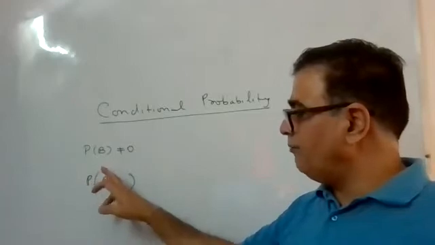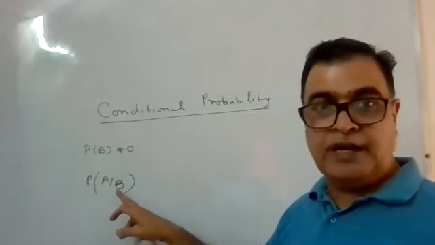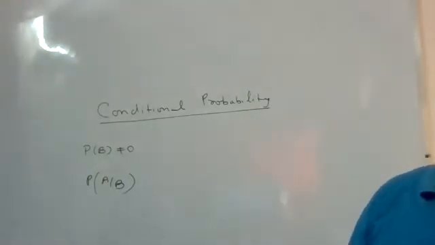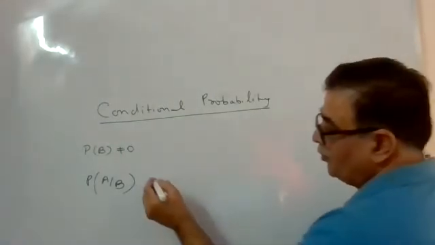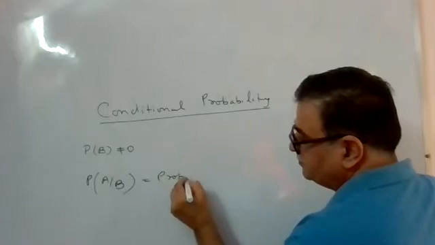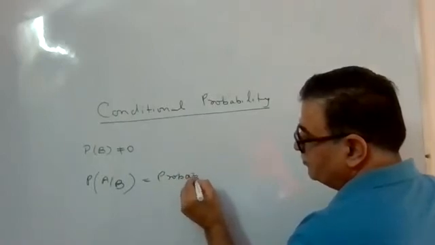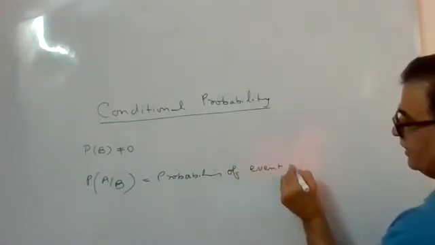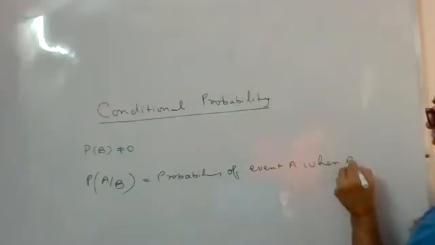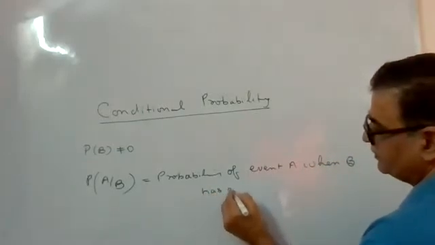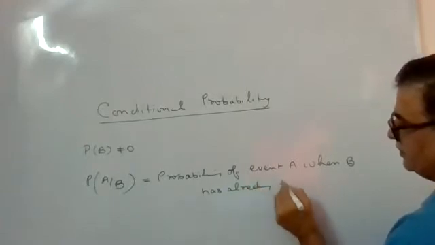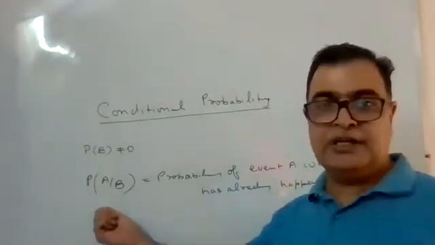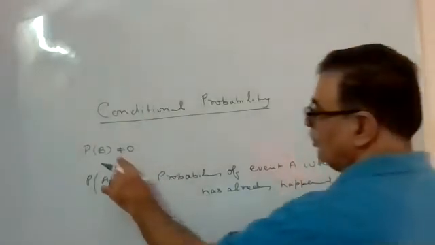So probability of A given B means probability of happening of A when B has already happened, denoted by P(A|B). Keep in mind P(B) should not be zero.